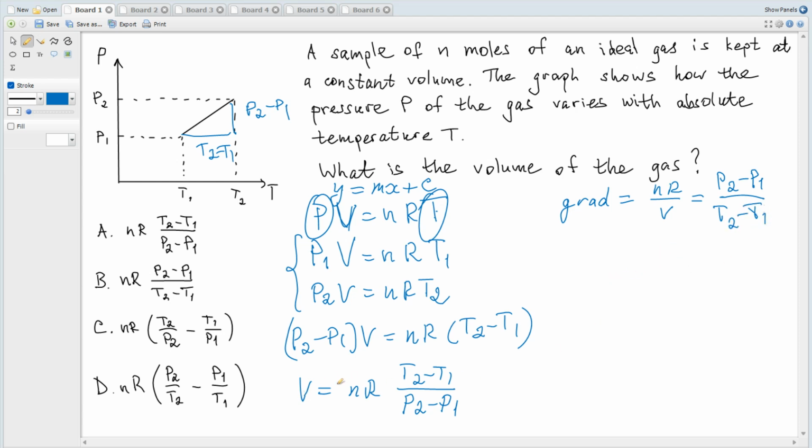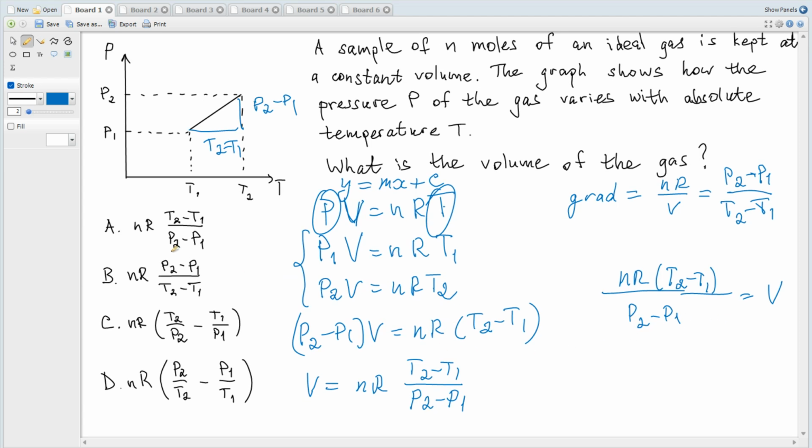Hence, cross multiplication gives the same result: multiplying both sides by T2 minus T1, multiplying both sides by V, or V goes to the right up and P2 minus P1 goes to the left down, or dividing both sides by P2 minus P1, we get the same result. So A is correct. The next.